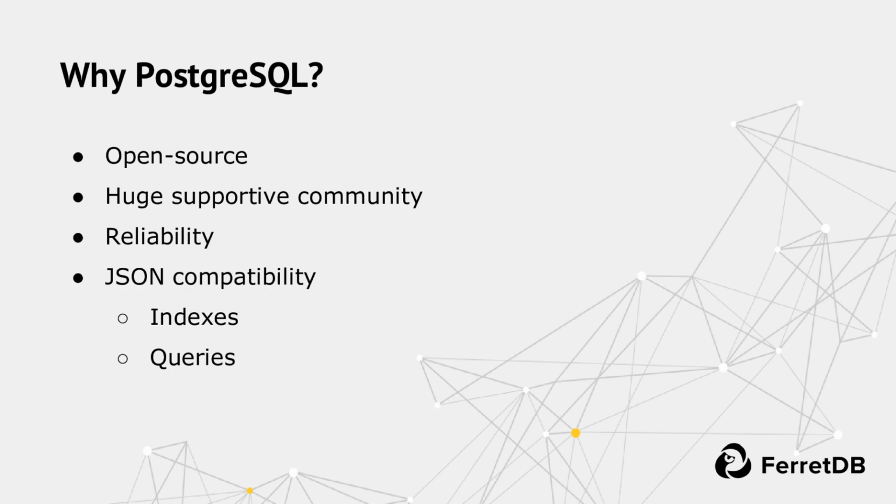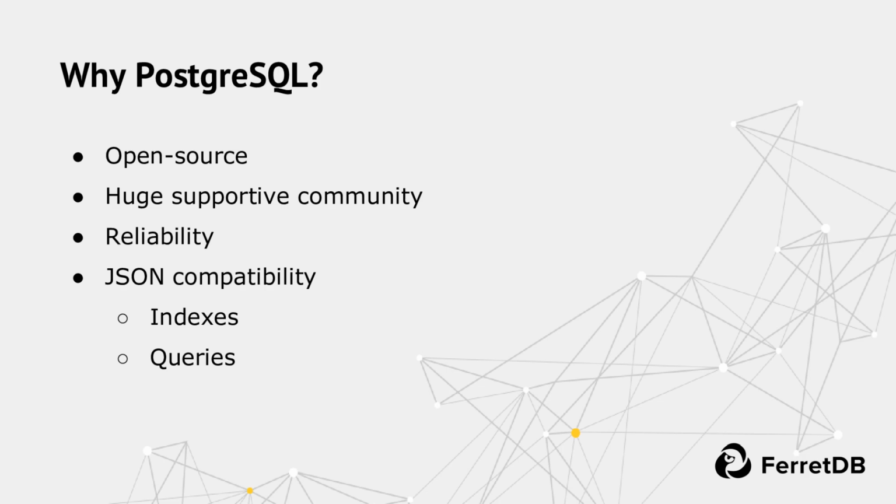Also, of course, PostgreSQL is well known for its community. It's a really huge and really supportive community. It's not only about documentation. It's also about people, about talking to people or discussing various problems or questions with people. It's really great. Also, if you ask some database administrators about reliability, they will probably mention PostgreSQL as one of the databases that offers reliability.